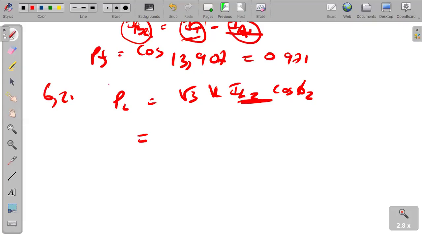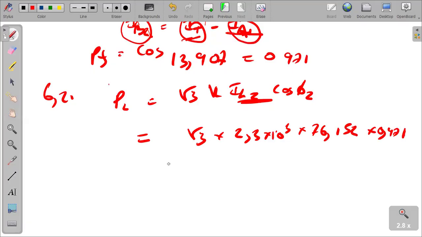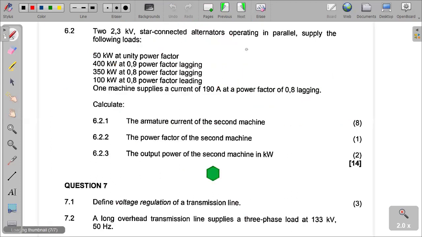So we'll say root 3 multiplied by 2.3 times 10 to the power of 3, multiplied by 76.152 multiplied by 0.971. If we substitute that, it's going to give us 294.570 kilowatts. That marks the output power for the second machine. Let's quickly go on to the next question.